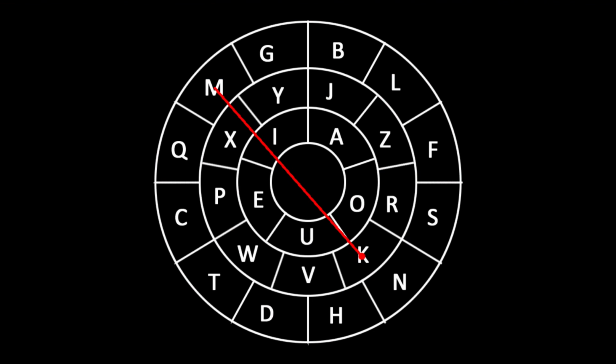You can lay a piece of paper over it so you can still see through the paper onto the disc. And we're going to draw a line starting with K to M to O to N to T to H. This is a sigil that we can now associate with our intention.